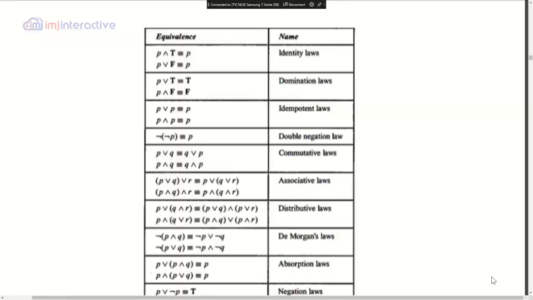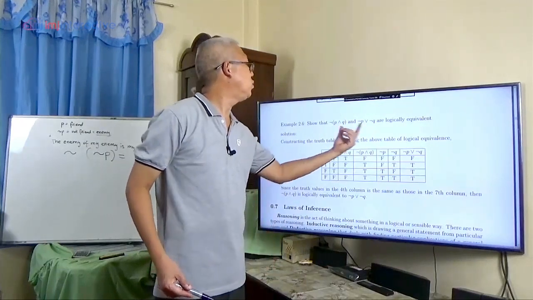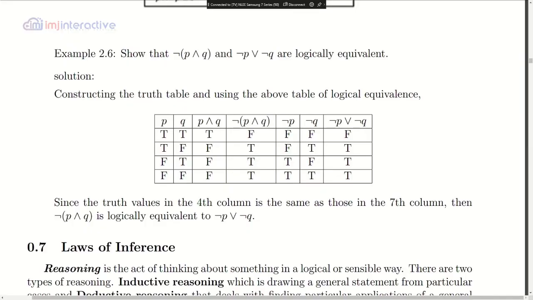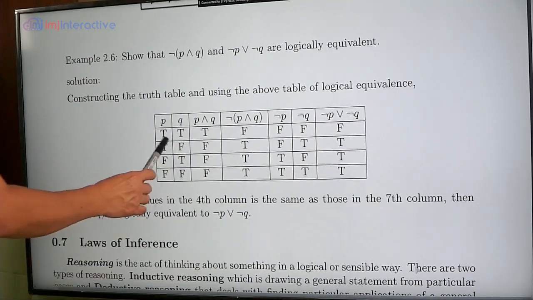So let us check whether the following two propositions are logically equivalent. According to the rule, they are logically equivalent if they have exactly the same truth value for all the cases. So just follow the rule for filling up the table. These two will be given.